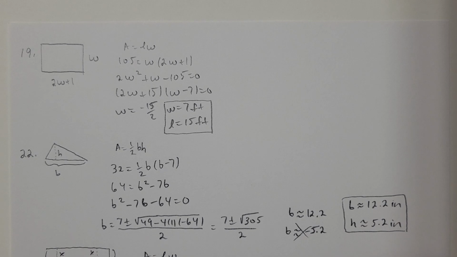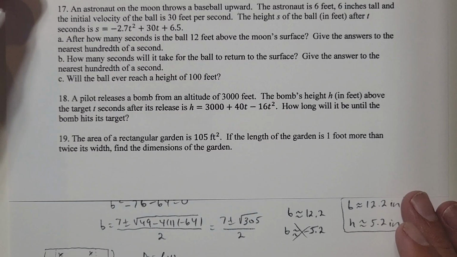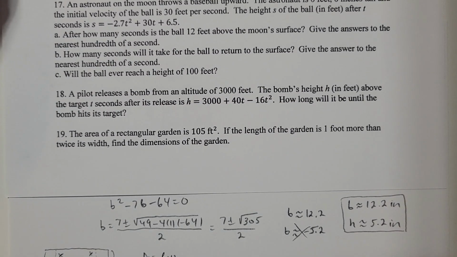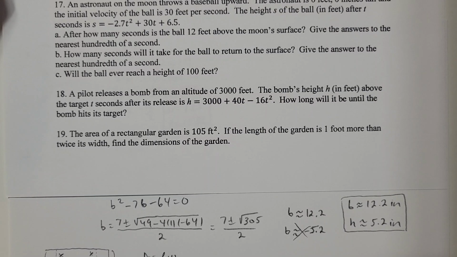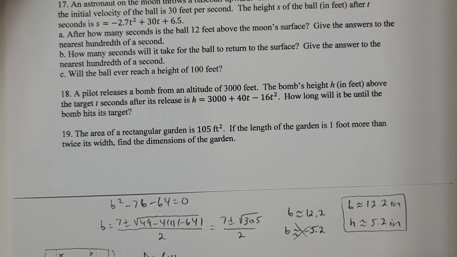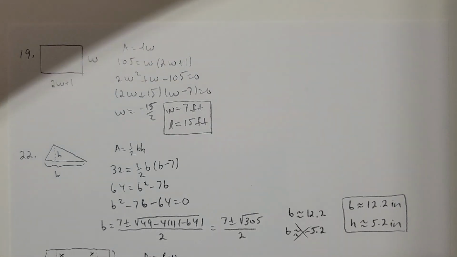Let's try problem 19 next. So in problem 19, it says the area of a rectangular garden is 105 square feet. If the length of the garden is 1 foot more than twice the width, find the dimensions of the garden. Okay.